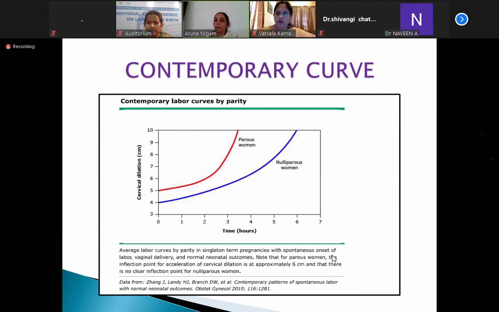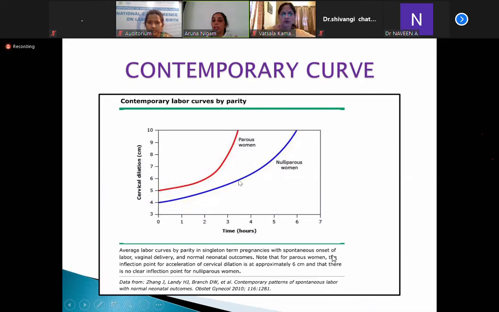So the contemporary curve, as you can see here: what was there in Friedman's curve? It was sigmoid shaped, but here this is hyperbolic. As you can see, the red one is a parous woman and the blue one is a nulliparous woman. You can see there is an inflection point at 6 centimeters in parous women, but there is no inflection point in nulliparous women.